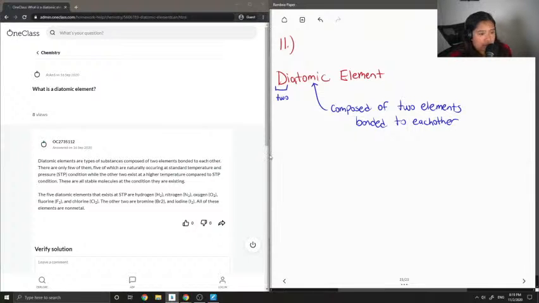The most common diatomic elements are hydrogen, nitrogen gas, oxygen gas, and chlorine gas. And typically they are non-metals.